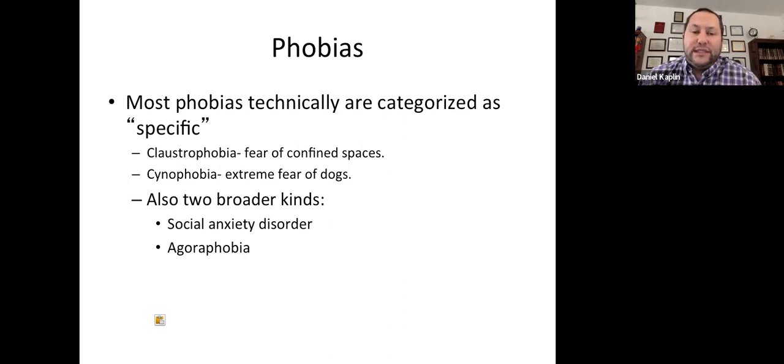Imagine yourself in a crowded elevator, that's going to be uncomfortable for many. So people who have a claustrophobia, they will avoid going into elevators for that purpose. We also have cynophobia. Cyno, the root is, again, Greek for dog, phobia, fear. So cynophobia is an extreme fear of dogs. But these are specific phobias.